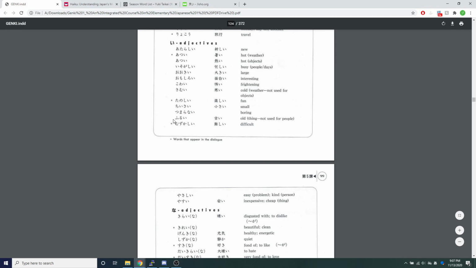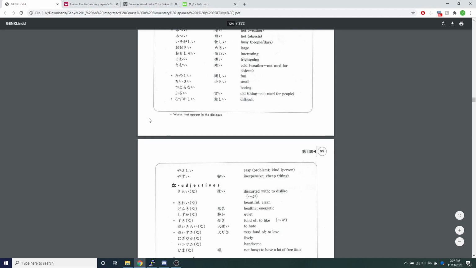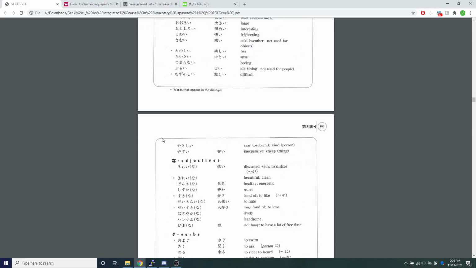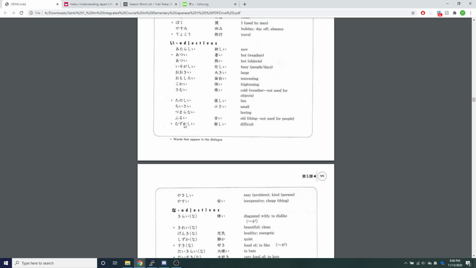古い is old. This is for things only. You wouldn't use that for people. You couldn't call somebody 古い. It more specifically means from a long time ago. 難しい is difficult. So この漢字が難しい, right? This kanji is difficult. I personally use the word 難しい a lot.